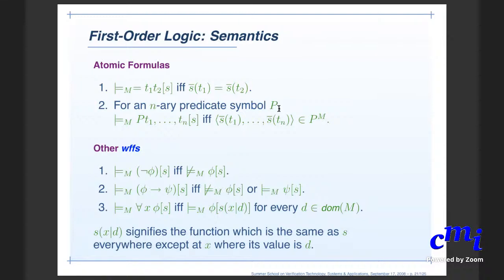That atomic formula must be true, which means that tuple must belong to the set that is assigned to P by the model. Remember that our convention was that a predicate symbol is mapped to a set of values for which the predicate is intended to be true, and that's how it's done.